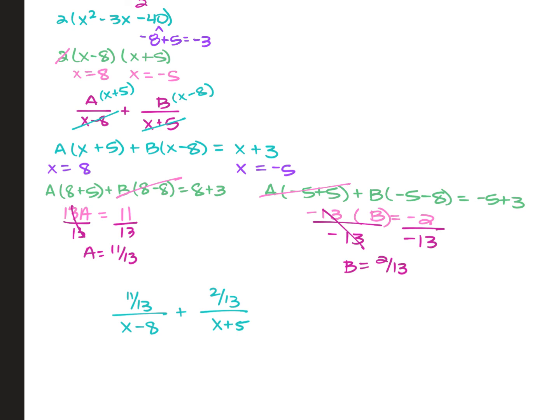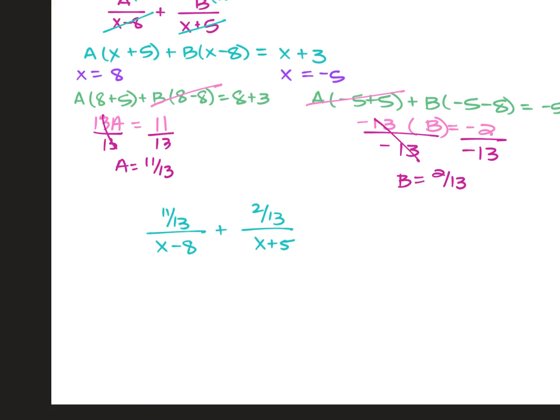Fractions also represent division, so divide your numerator by your denominator for each of these. So this ultimately turns into 11 over 13 divided by x minus 8, or x minus 8 over 1, plus 2 over 13 divided by x plus 5, or x plus 5 over 1.